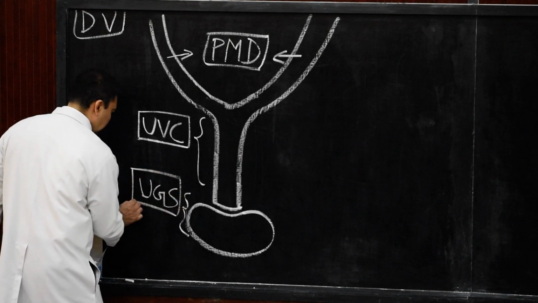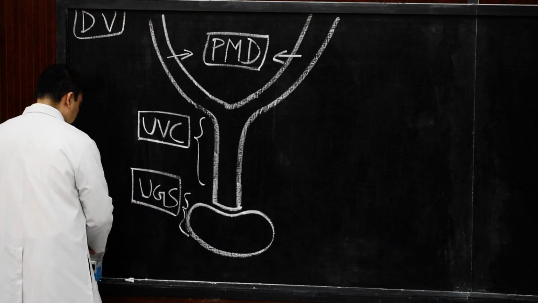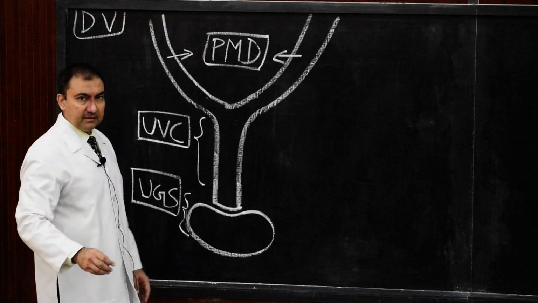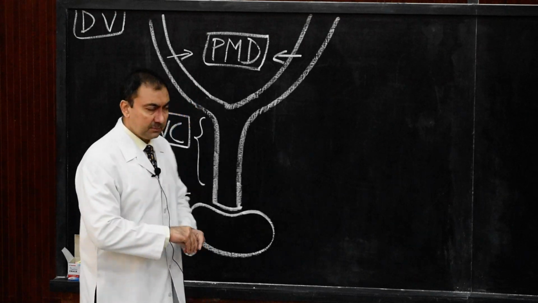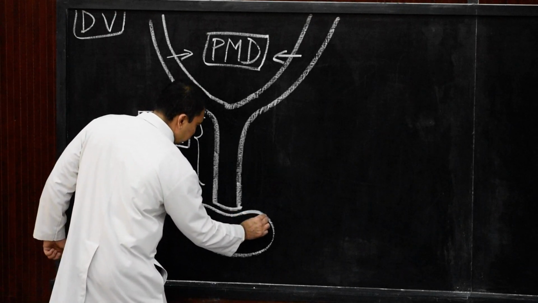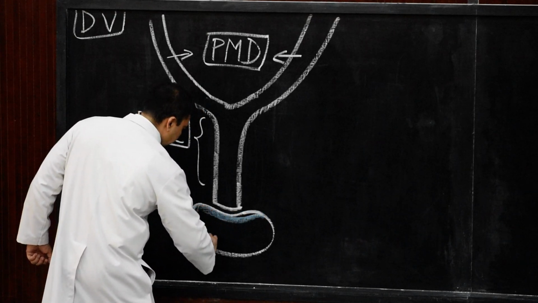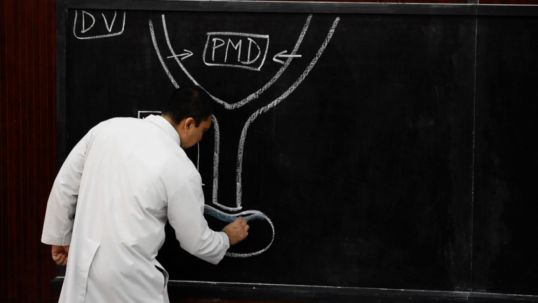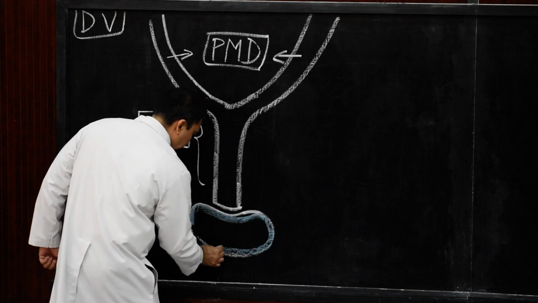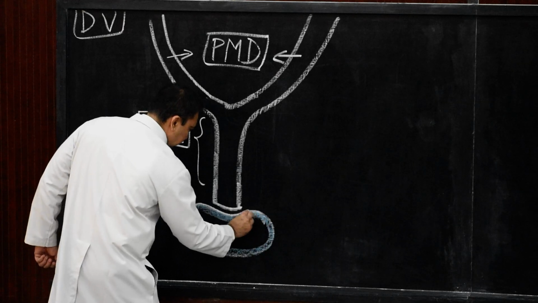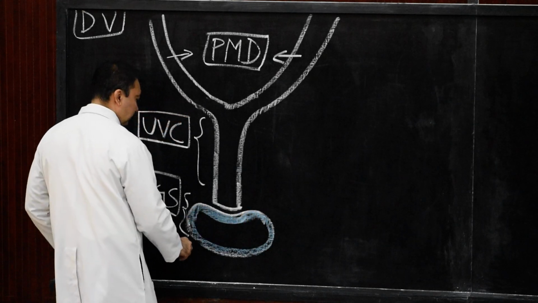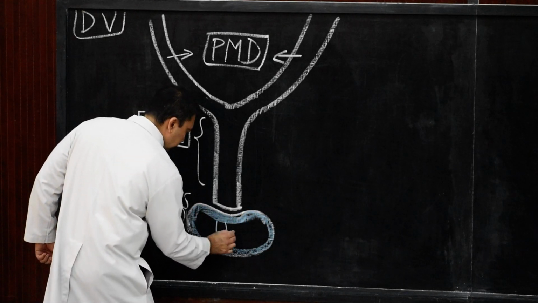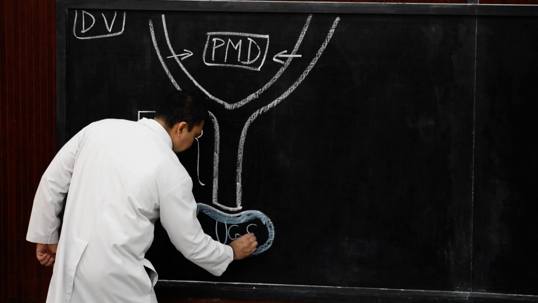This is very simple, and urogenital sinus is lined by endoderm. So here we show this lining epithelium in blue color. This will serve as the endoderm, so this entire urogenital sinus will be endoderm.